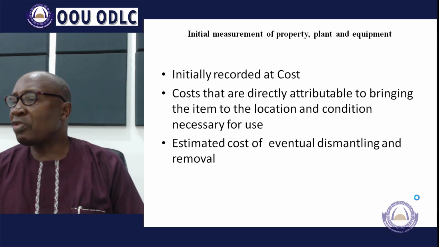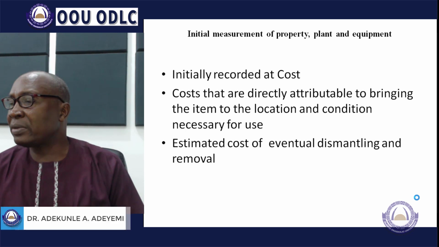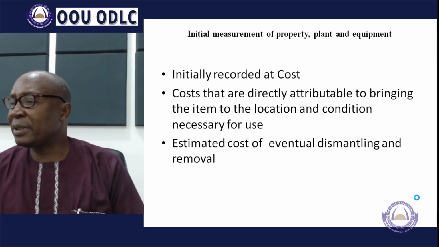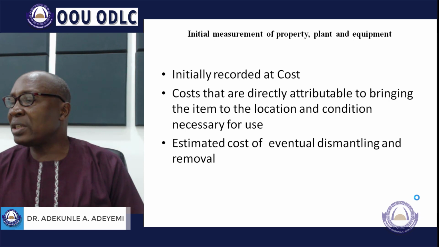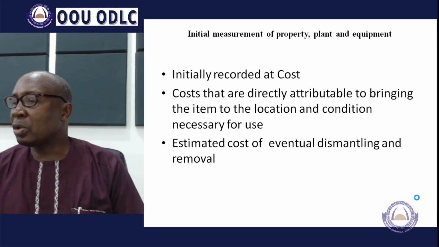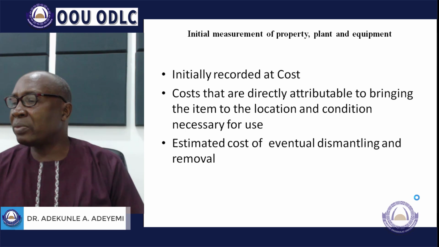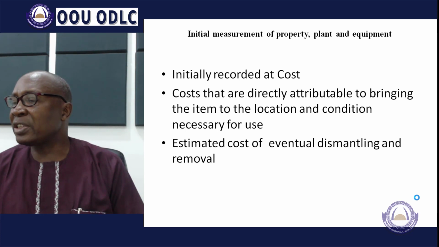The cost of major inspection is recognized in the carrying amount of the asset as a replacement. If an item of property, plant and equipment which has been recognized as an asset needs regular major inspection, the cost of each inspection is added to the carrying amount of the asset when it occurs. Any remaining carrying amount of the cost of the previous inspection is derecognized.